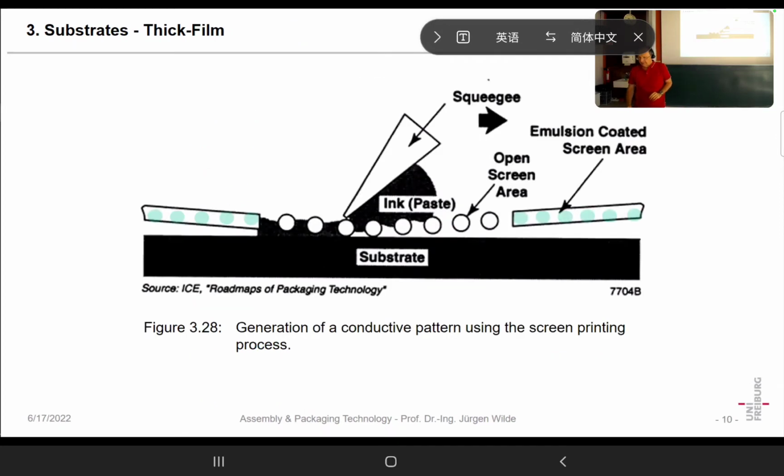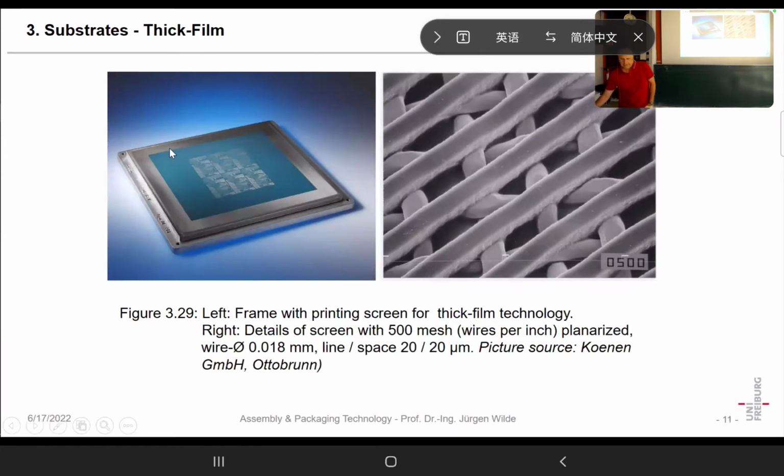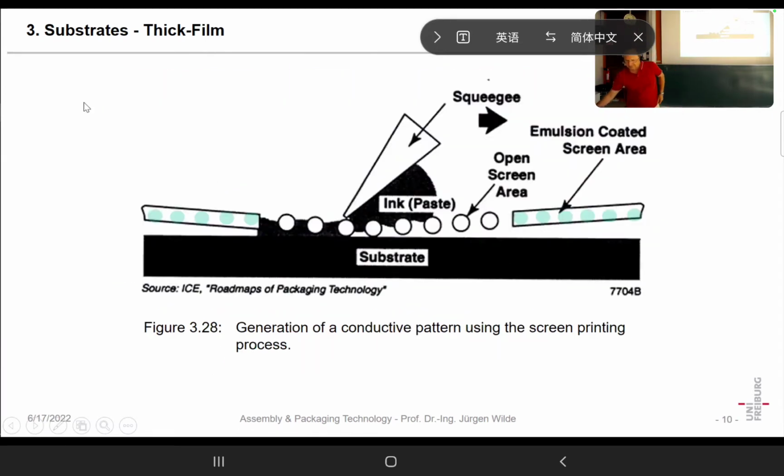So we can see that is the screen where it looks silver, it has openings. Here the stainless steel wires can be seen, and they can be seen here from the different color. So when it's open, you can press the paste through it.